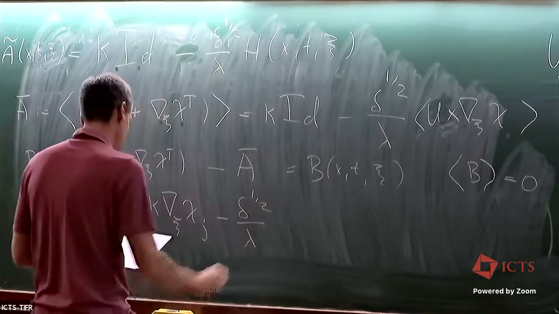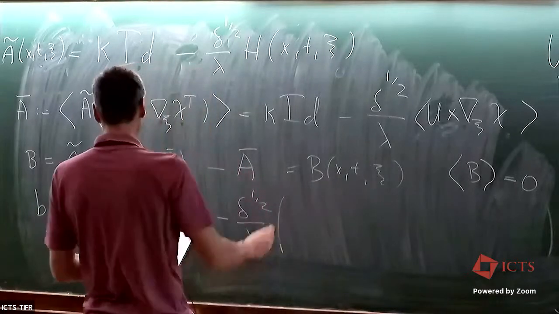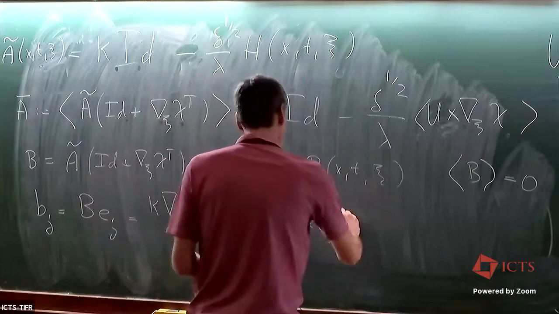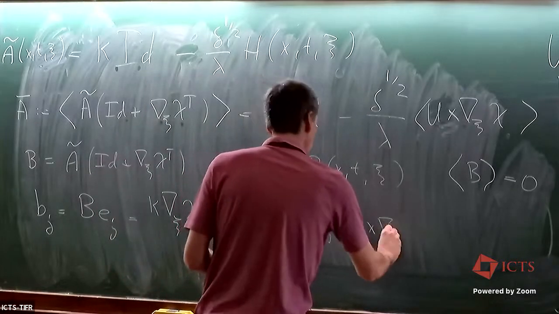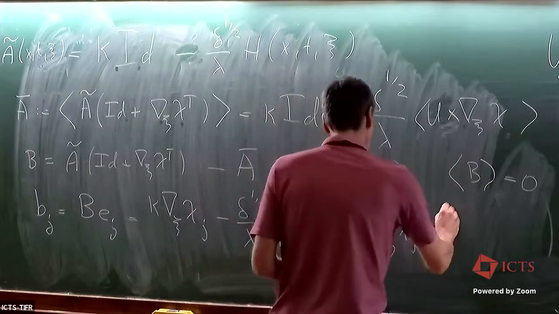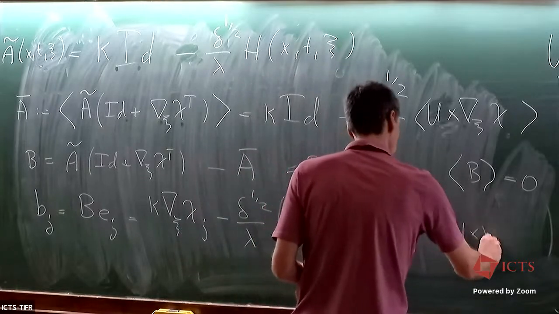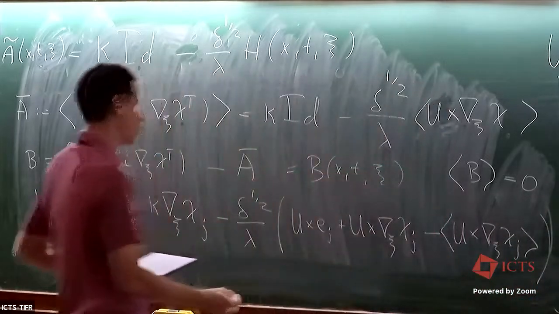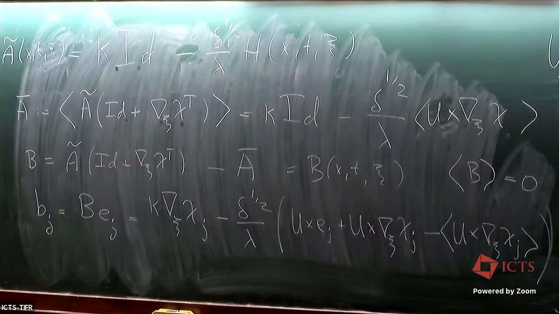1/2 over lambda, and then it's U cross EJ plus U cross gradient of psi j, minus the average of this. Okay, it's just a computation.